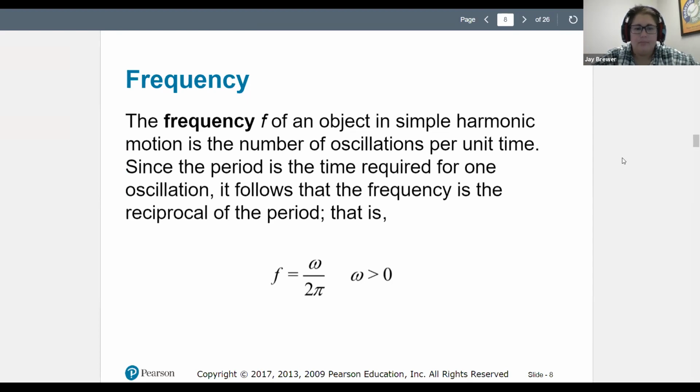So go ahead and write that down. I'm not going to read it to you. We are going to end up using frequency in the next.